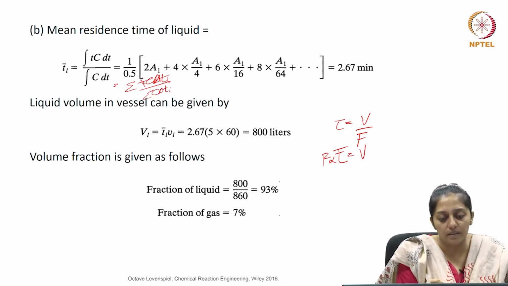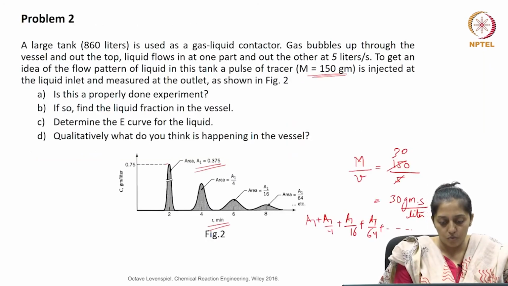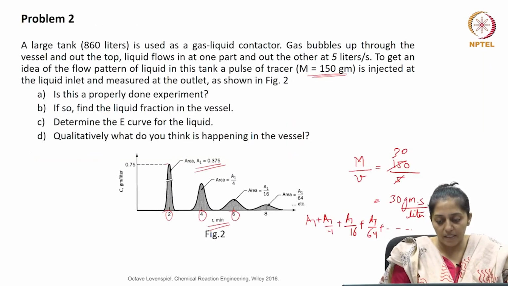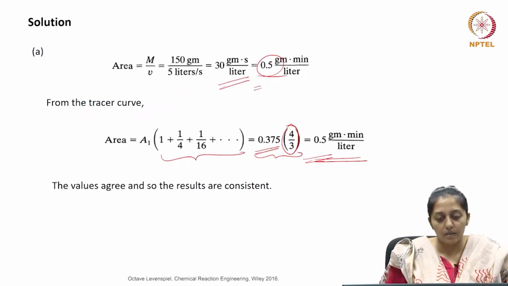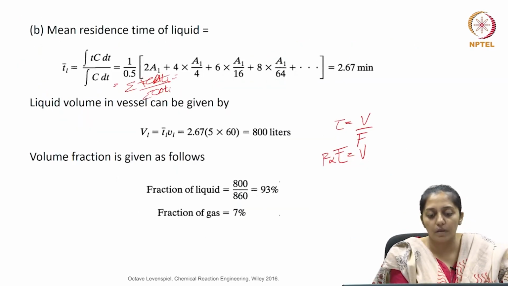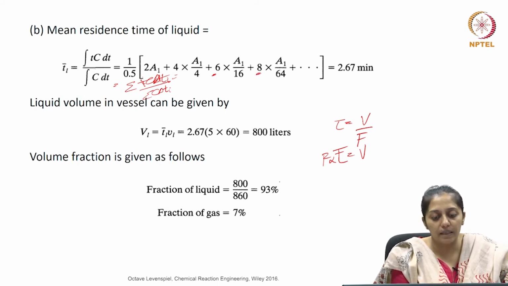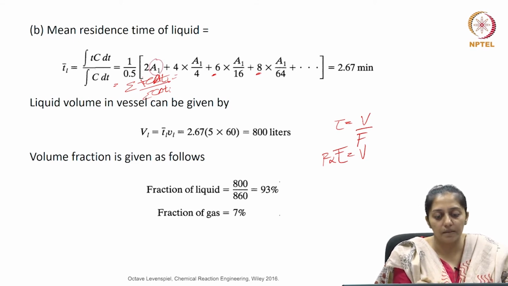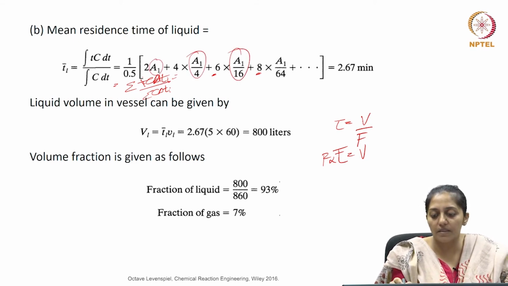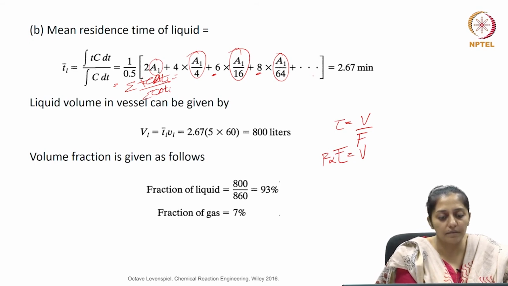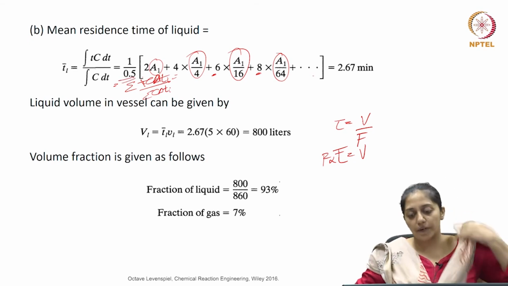So, if we do this, what is Ti? 2, then 4, 6 and so on, after every 2 minutes. And then it is the area C delta T, which is being multiplied here, A1, then A1 by 4, A1 by 16 and so on, and this is divided by the total area under the curve, which we have already calculated as 0.5.